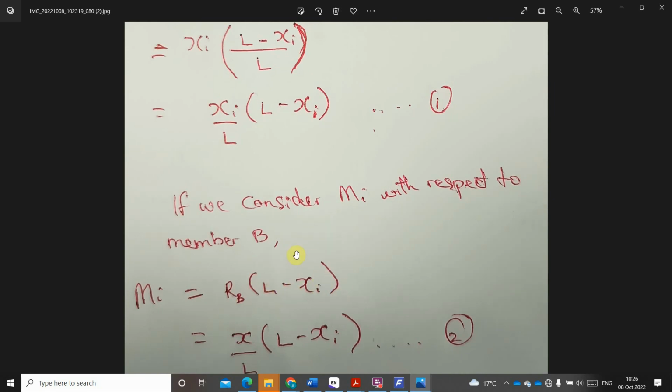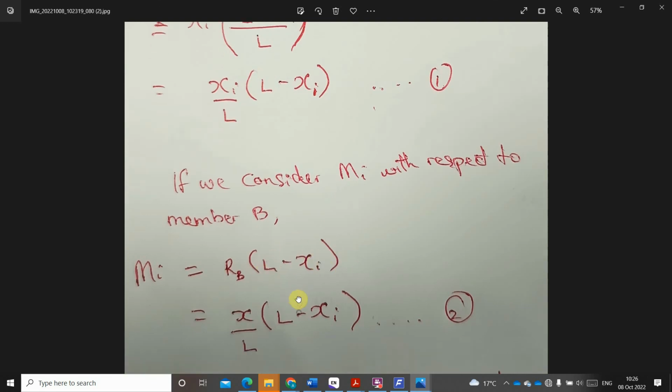That is the starting point of member B is L minus Xi, and the end will be around L. Now the starting point of L minus Xi, if we substitute this into the formula, putting our reaction at B, Xi over L, multiplying by this distance, which is at the starting point. The starting point is the midpoint of reaction at A.